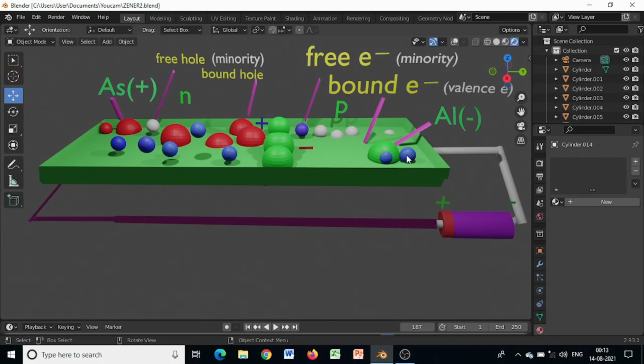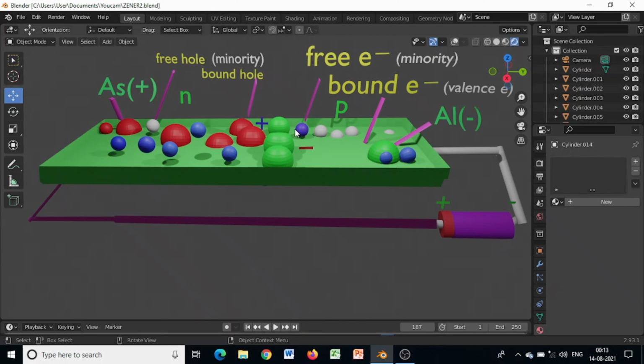But these electrons are bound electrons. These free electrons, as they are minority, this current is flowing as usual because this barrier helps this flow of electron. This positive arsenic attracts these free electrons, but this current cannot explain the large Zener current.